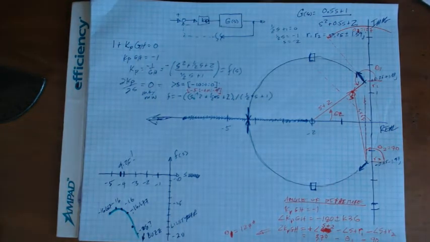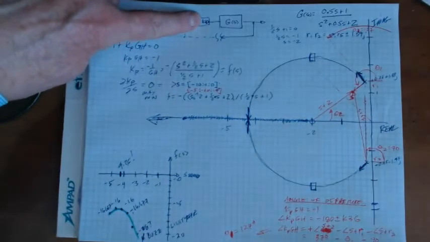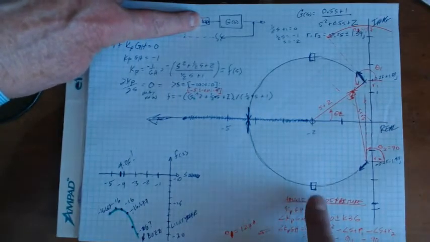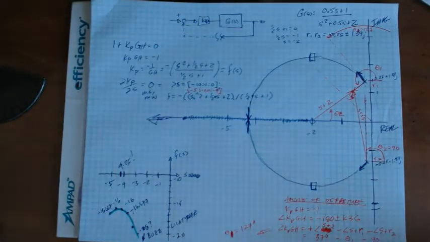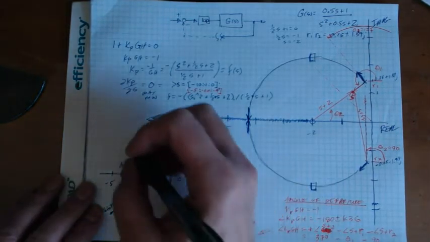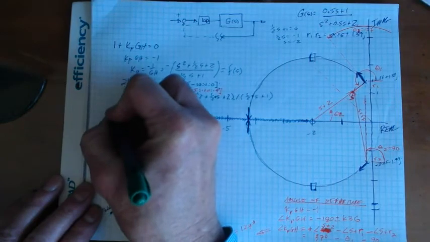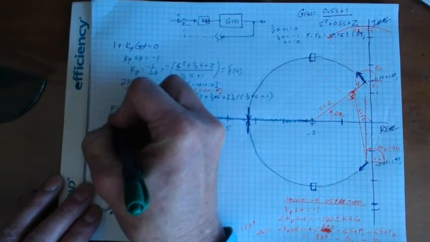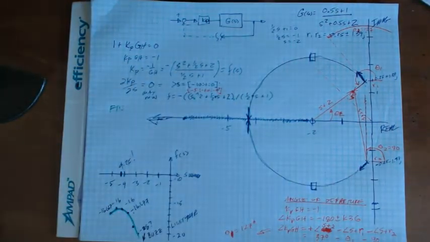So let's see. Now all I know is if I make this gain bigger or smaller, I can make it go onto those root locations. And so now what I'm going to do is find out what the gain is. Sorry, my green pen isn't working.